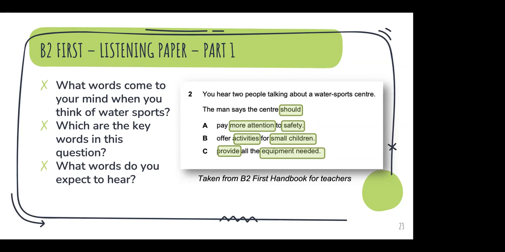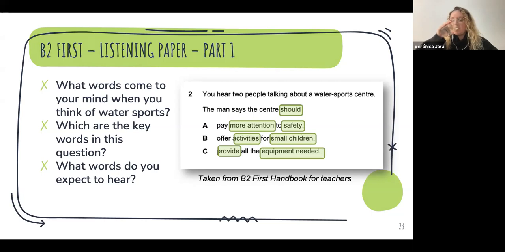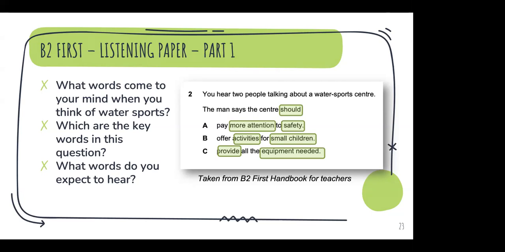I think what I always do, mostly instinctively, is in class make them produce synonyms and antonyms for words. For example, here it could be safety, security, small children, toddlers, or equipment needed could be swimming gear.